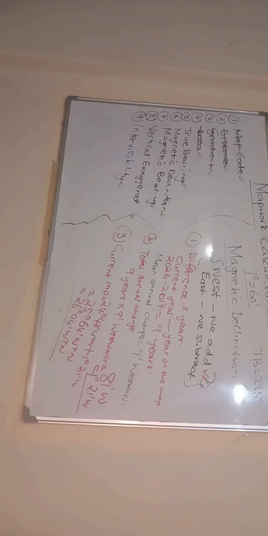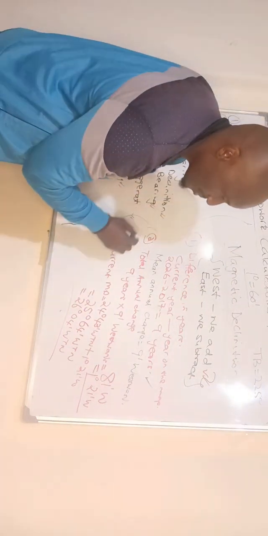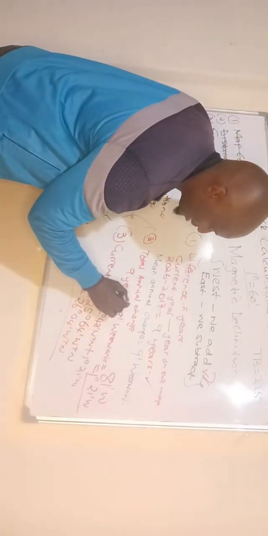Okay, I can see someone is asking about the marks. Don't worry, I'll explain now. It can take from 5 to 7 minutes, 7 marks. So you get a mark for this. You get a mark for the multiplication here. You get a mark here.